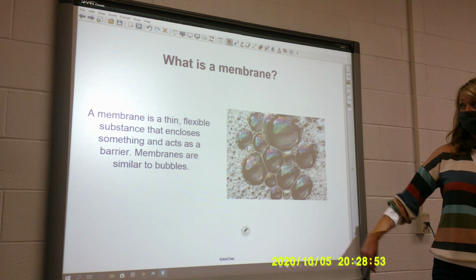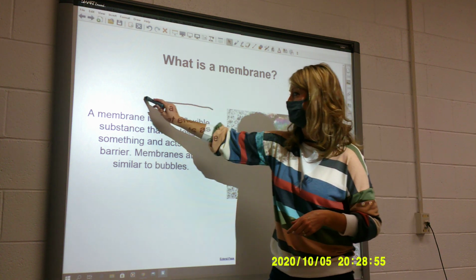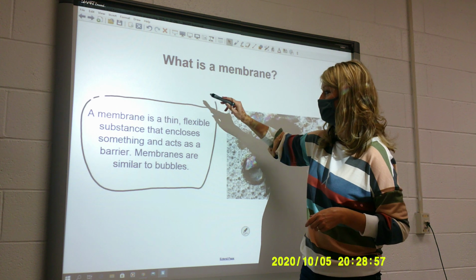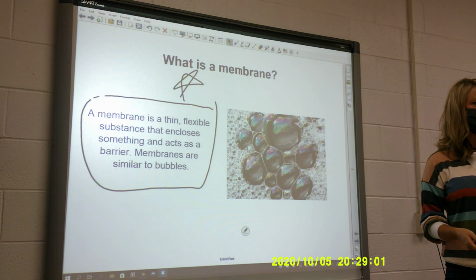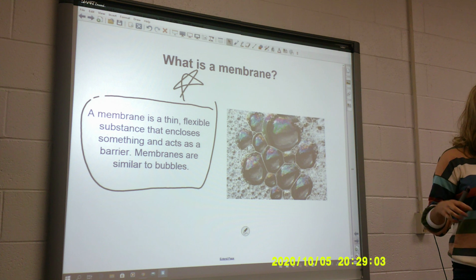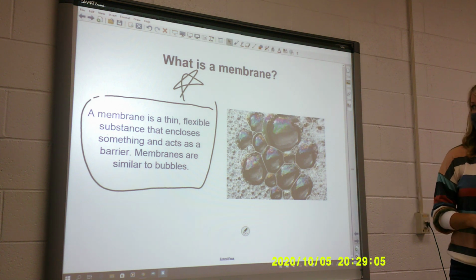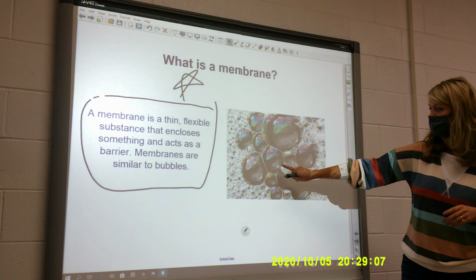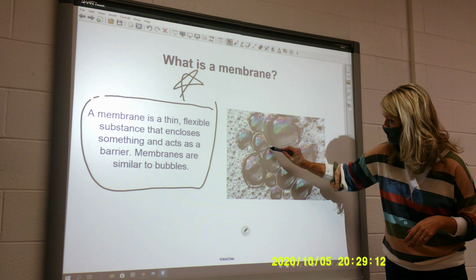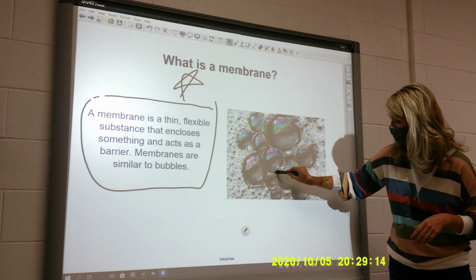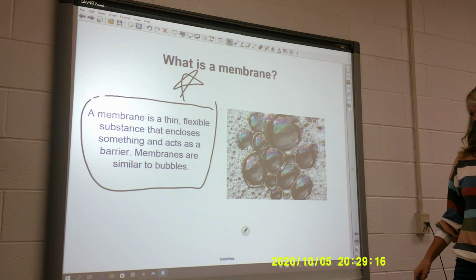What is a membrane? A membrane is a thin, flexible substance that encloses something and acts as a barrier. Like I said, it's not like something really solid, but it kind of acts as a barrier. And if you could think of all of this right here that surrounds all these bubbles, all of that is our membrane that keeps stuff on the inside.